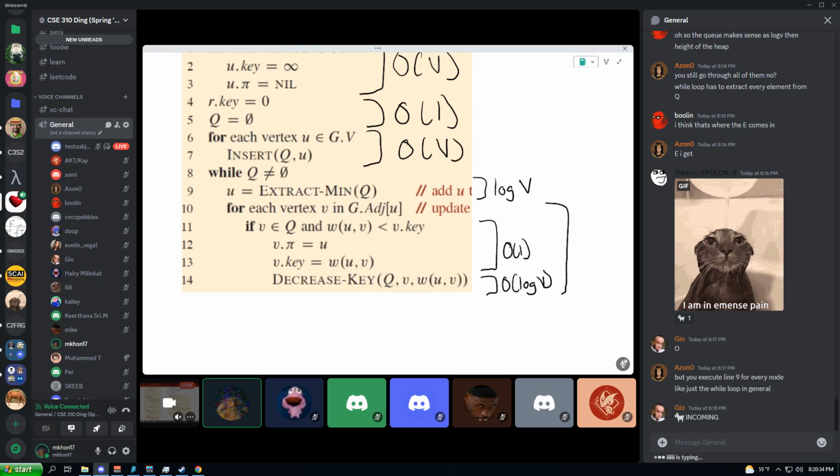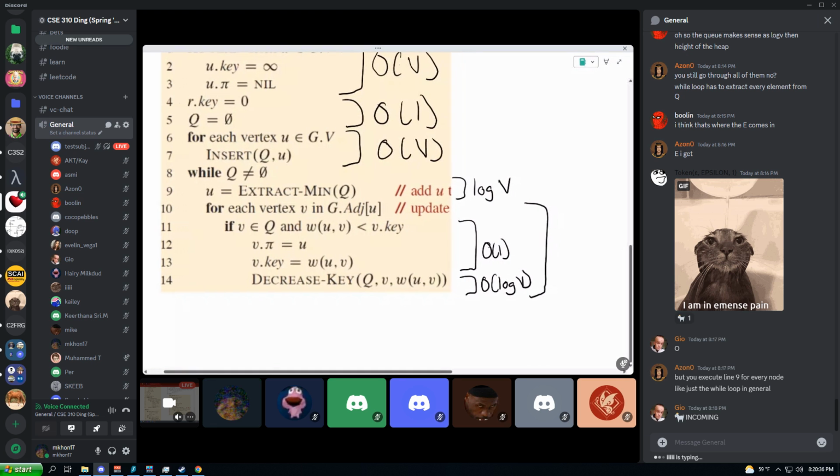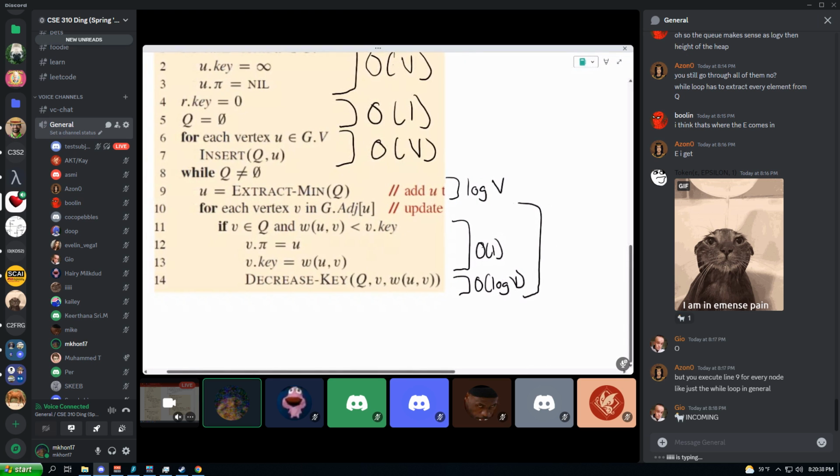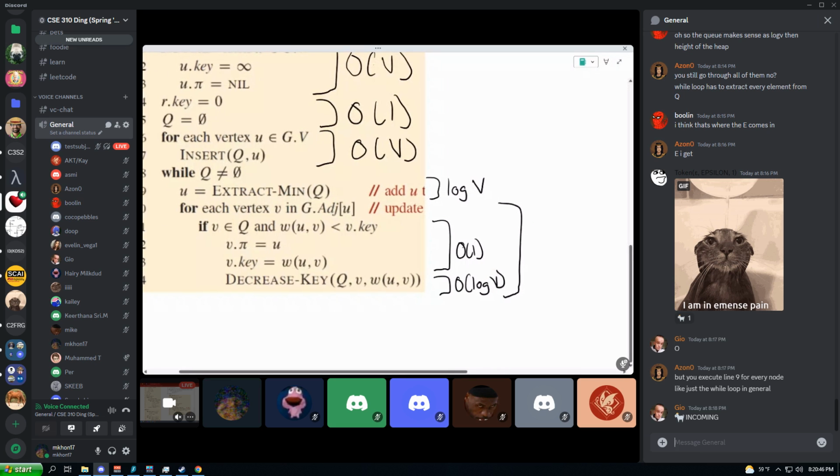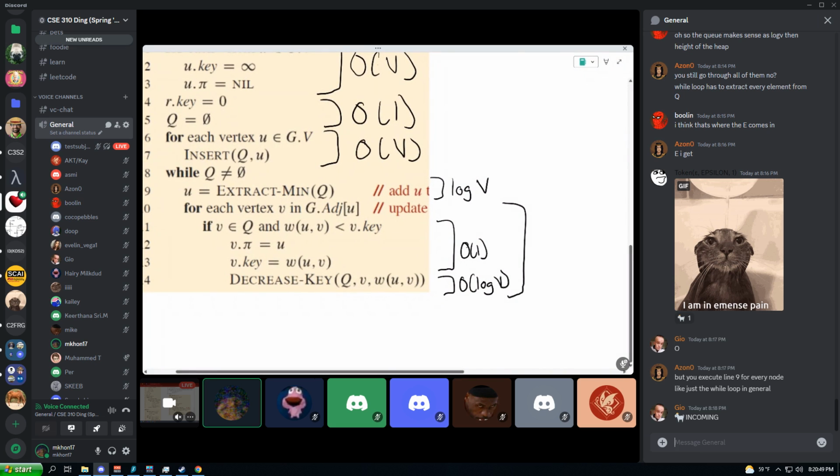So we've got to get this entire for loop. This for loop is going to be for each vertex in G adjacent U. I believe that's where the E comes in, right? That should be where the E comes in, because for the adjacency list of every vertex, you're going to check every edge and see if these keys matter.